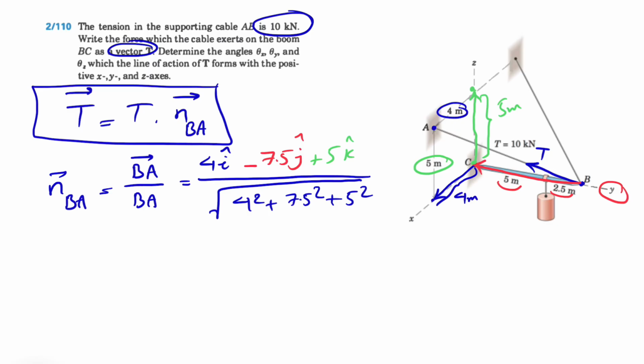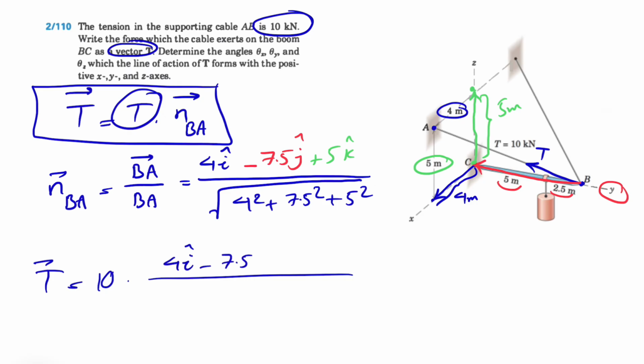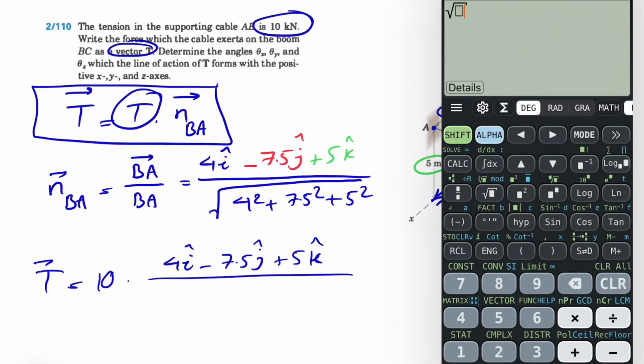We have everything that we need, and if we want to find our T, we basically have T times the unit vector. T is 10 kilonewton, and the unit vector in here is 4i minus 7.5j plus 5k, and we can actually calculate this denominator. So we basically have the square root of 4 squared plus 7.5 squared plus 5 squared.